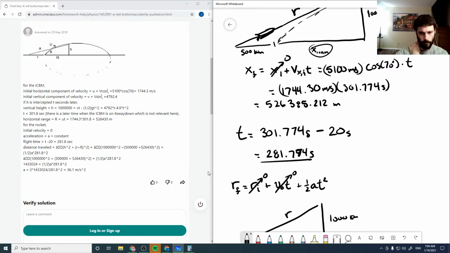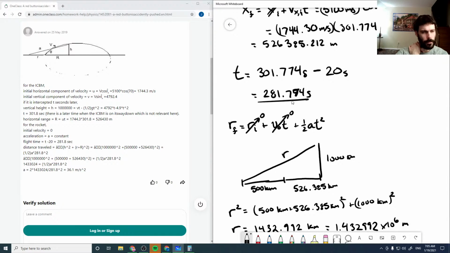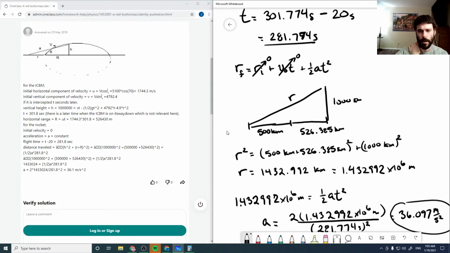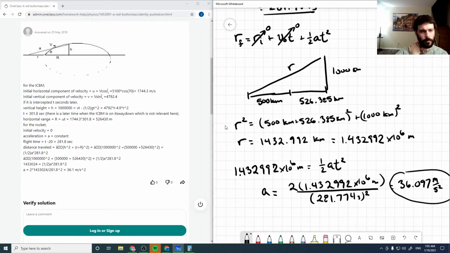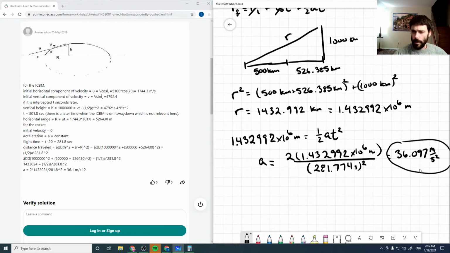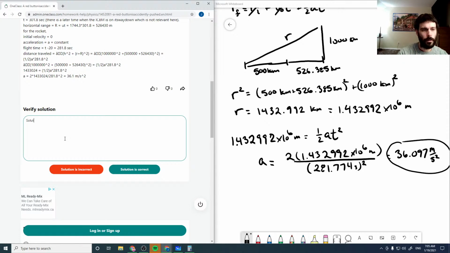For the rocket, it needs to be 20 seconds less, so 281.8. The total distance traveled is going to be the sum. Our initial velocity is 0. So then our acceleration comes out to be 36.1 meters per second squared. So that looks good.